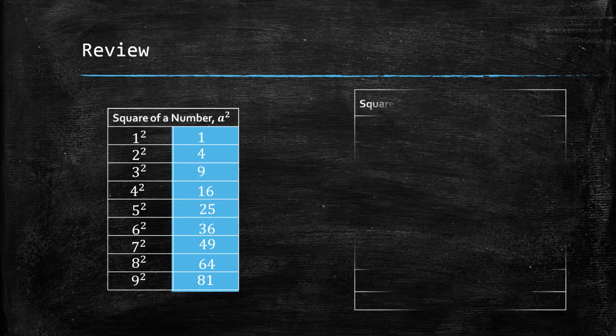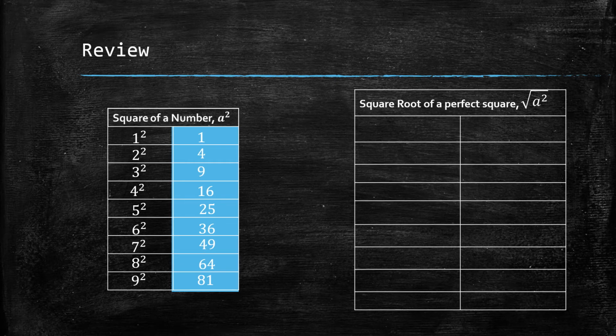Okay? So next, we need to know the square root of a perfect square. Again, square root of a perfect square, meaning katong perfect square nato nga 1, 4, 9, 16, 25, 36, 49, 64, and 81, ato siyang i-square root. Okay? Check. The square root of 1, square root of 4, square root of 9, square root of 16, square root of 25, square root of 36, square root of 49, square root of 64, square root of 81.